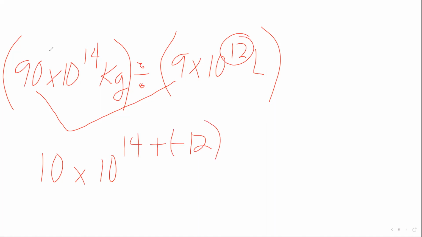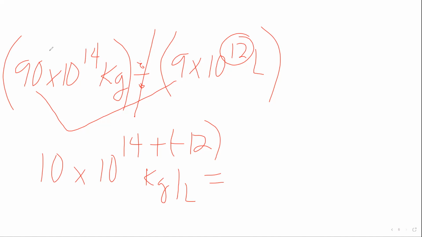So when it crosses the division line, it has to come up as the opposite sign. And that's going to be kilograms per liter. That's okay, because we're dividing. Division is okay. When you're multiplying, they have to be the same though. And when you're adding or subtracting also.